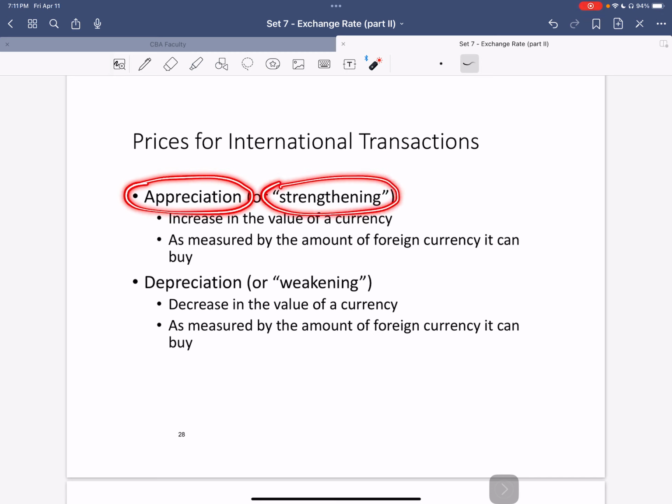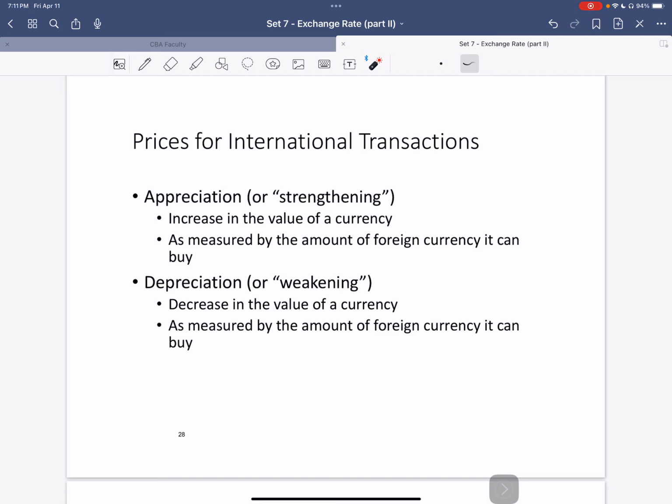Appreciation or strengthening of a currency means that there is an increase in the value of a currency. For example, if the euro has appreciated, it means that the euro has an increase in value, as measured by the amount of foreign currency that it can buy.